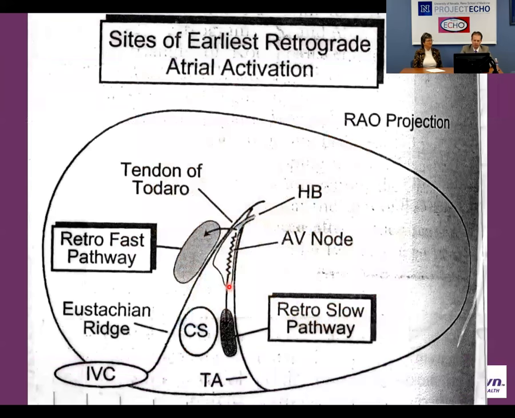I'm going to bring this all together in a second, but the atrioventricular node, this is a basically similar view, but not so many anatomical structures drawn. The AV node is there, and this micro-reentrant arrhythmia involves a fast pathway and a slow pathway.